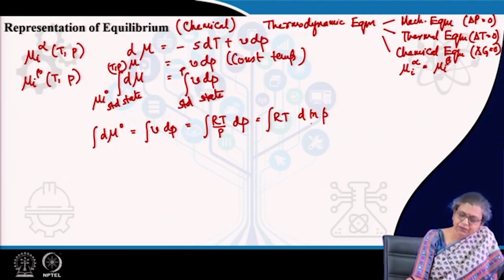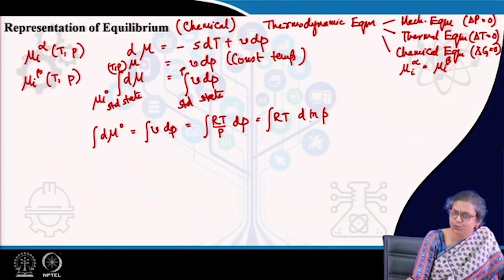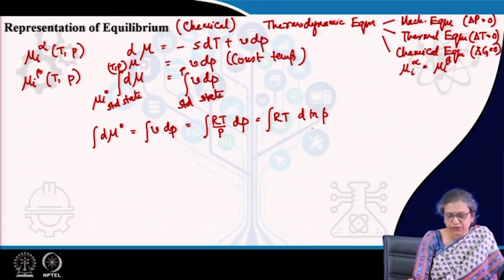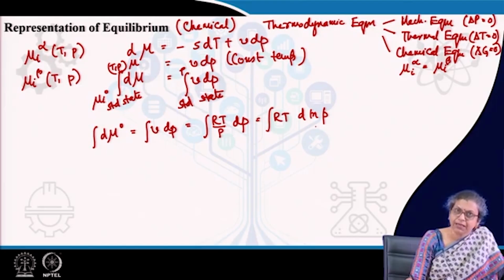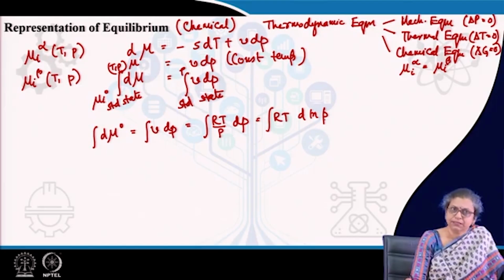So, from there, a very famous scientist, G. N. Lewis, felt: why not retain this same expression for mu for any substance other than the ideal gas, merely by replacing P with F, keeping in mind that this F becomes equal to P when the substance behaves as an ideal gas?